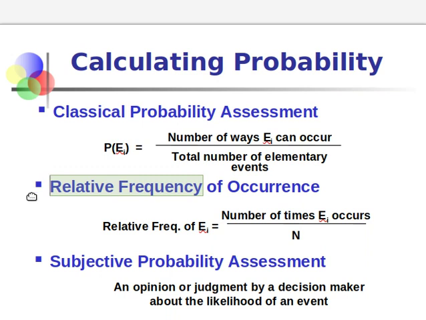Here, the concept is expanded to relative frequency of occurrence, given by this formula: relative frequency of E sub i equals the number of times E sub i occurs over N, the total, which is the sample space.